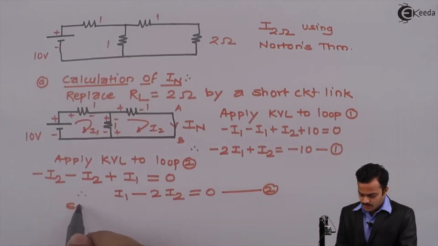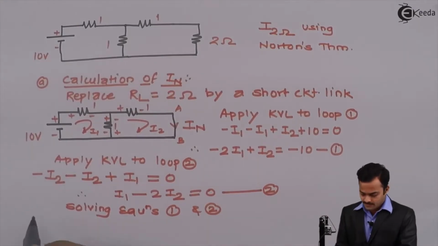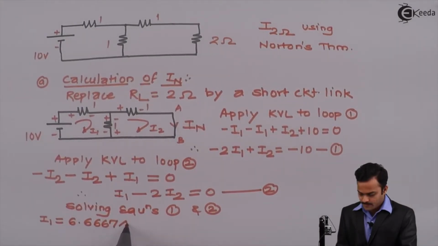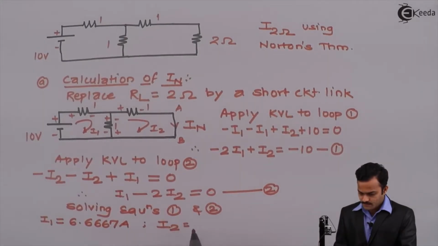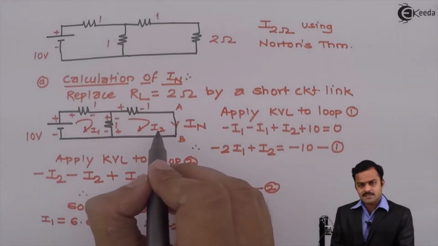Solving equations 1 and 2, I will get I1 as 6.6667 ampere and I2 as 3.3333 ampere. Now IN is the same as I2.